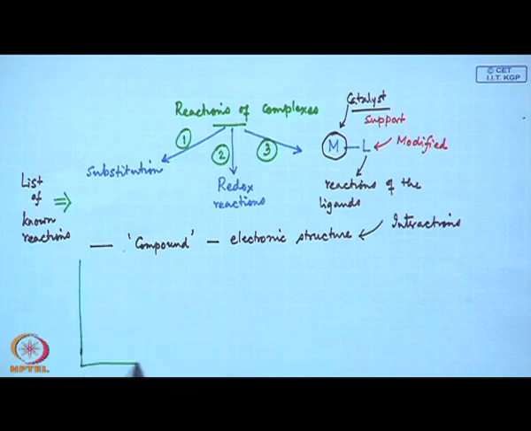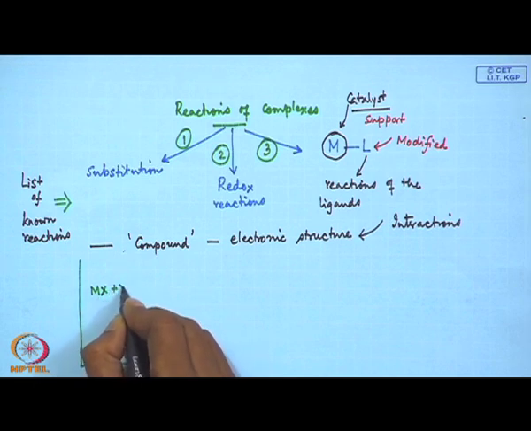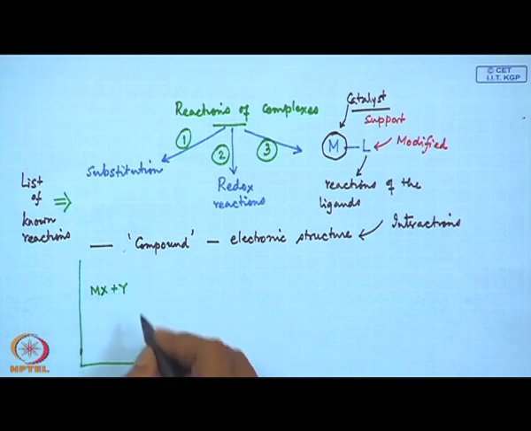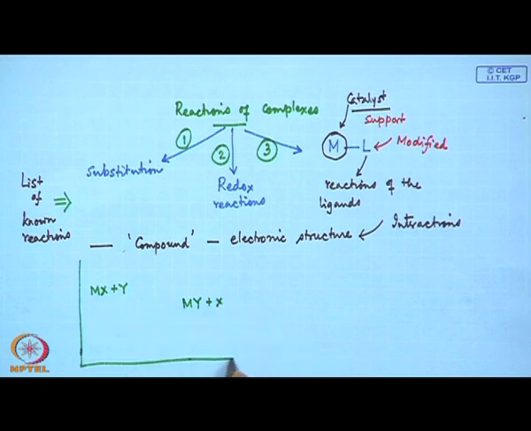is nothing but the corresponding reaction where we have MX reacting with Y, giving rise to the corresponding product which is MY plus X. So, this is a very simple reaction. If we have the ligand as X or anything else which can be substituted by Y or by L1, we get the corresponding complex ML1, and the existing ligand L will be kicked out from the medium.